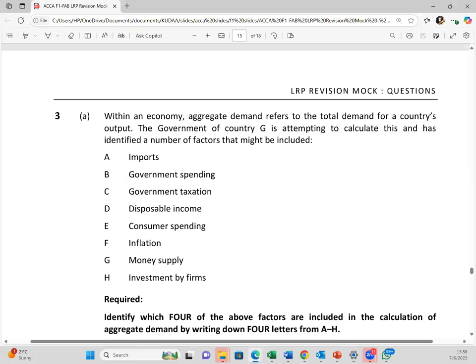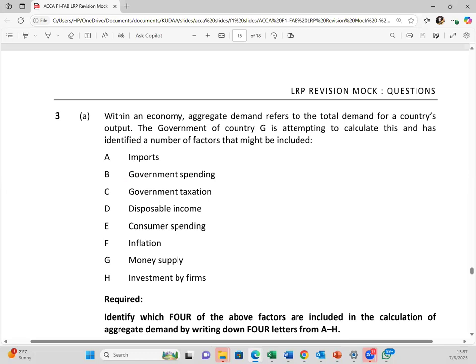So which 4 of the above factors are included in calculation of aggregate demand? B is there.